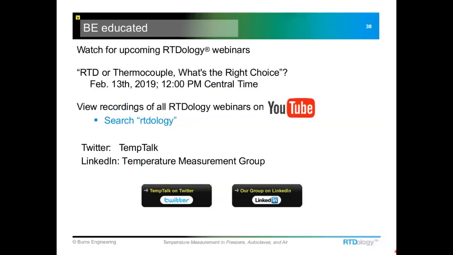There is a question here about using glycol, so I'm assuming this is in a freezer application. Yeah, it is. If the freezer sensor is in glycol, is it recommended to use a glycol bottle for the standard sensors while conducting annual temperature mapping? I would say no, because the glycol bottles that I've tested tend to have a very, very slow response time.